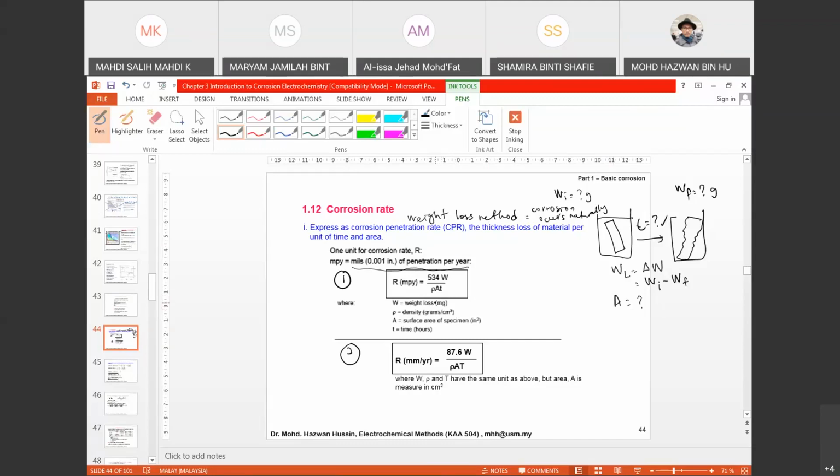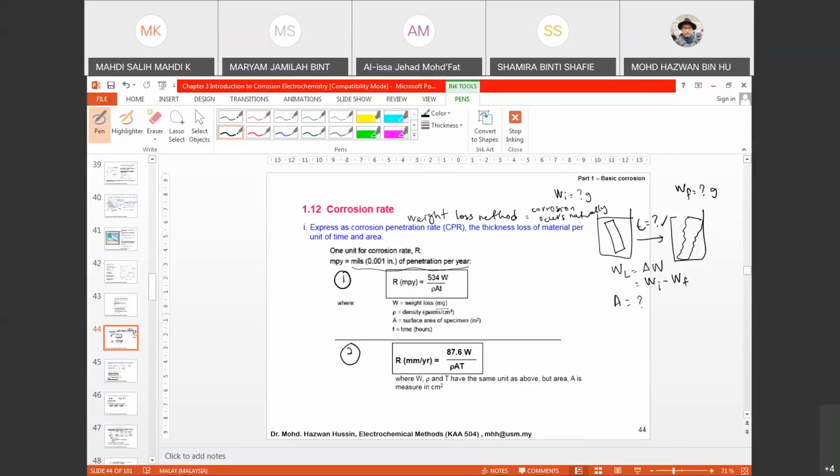Over here, the two formulas differ in terms of the unit. You have the first formula, R equals 534 W over rho multiplied by A multiplied by T. W is the weight loss or the mass loss in milligrams. 534 is a standard number, probably calculated after taking into consideration all the other parameters.